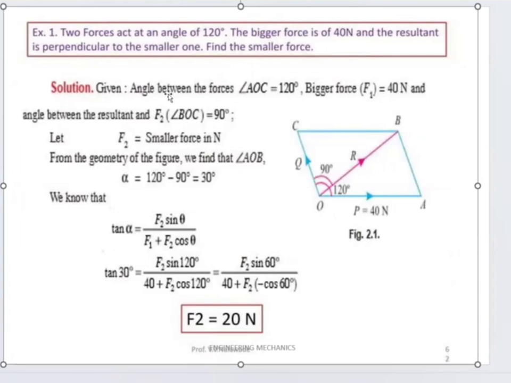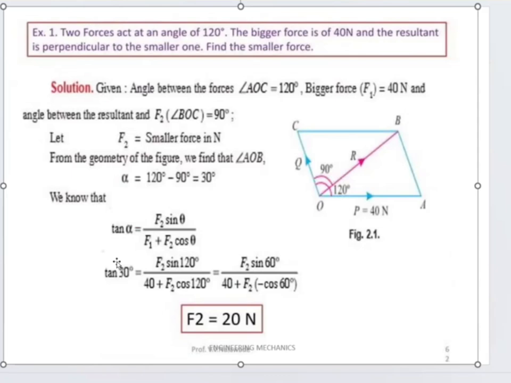So let F2 be the smaller force in Newton. From the geometry of the figure, we find that angle AOB, alpha, is equal to 120 minus 90, that is 30 degree. So we know tan alpha is equal to F2 sin theta divided by F1 plus F2 cos theta.